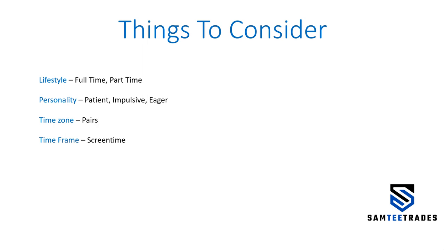Okay, we've then got the time zone. So if you live in the UK, you might want to focus on the pound pairs, the euro pairs. If you're from America, you might want to trade the US session and trade the US pairs. If you're from overseas, you may be trading the Tokyo session and then be looking at things like the Japanese yen, New Zealand dollar, Australian dollar, okay, because they're the biggest movers within them sessions.